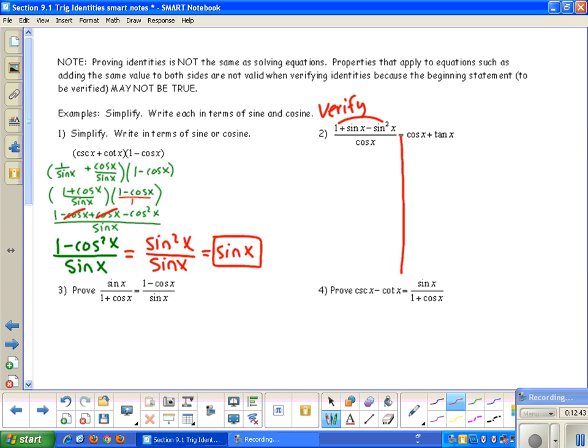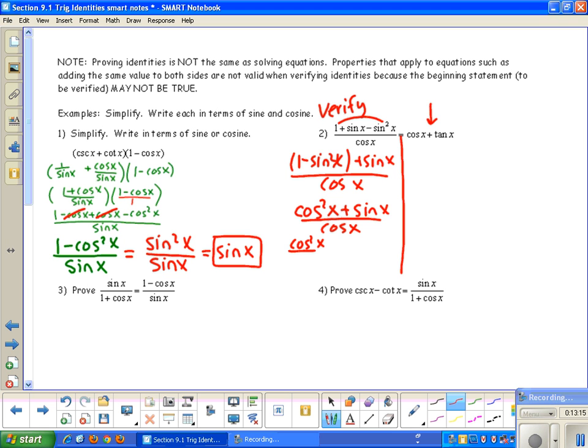I'm going to change the 1 minus sine squared x, and then we have plus sine x. So 1 minus sine squared x, we're going to replace with a Pythagorean identity with cosine squared x. That's where that comes from. And this would be plus the sine x over cosine x. And then I notice I have two terms on this side, so I'm going to separate these two by separating the first one into cosine squared x over cosine x, and then plus sine x over cosine x.